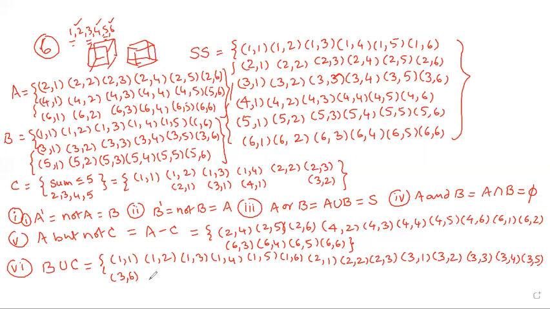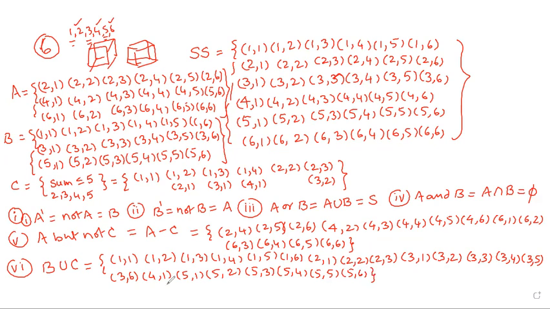Okay. Next 4 comma 1, and 5. Next 5, write down everyone: 5 comma 1, 5 comma 2, 5 comma 3, 5 comma 4, 5 comma 5, 5 comma 6. Okay?